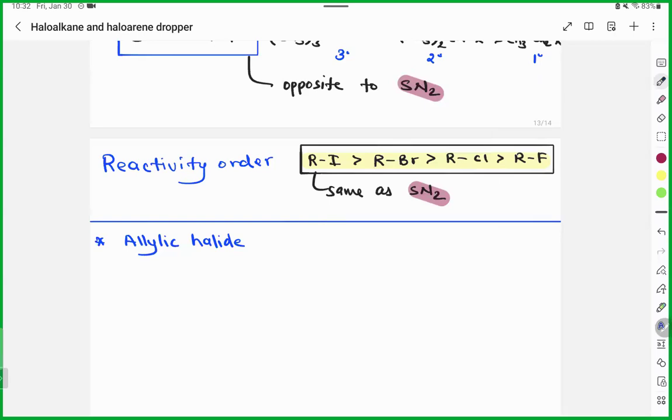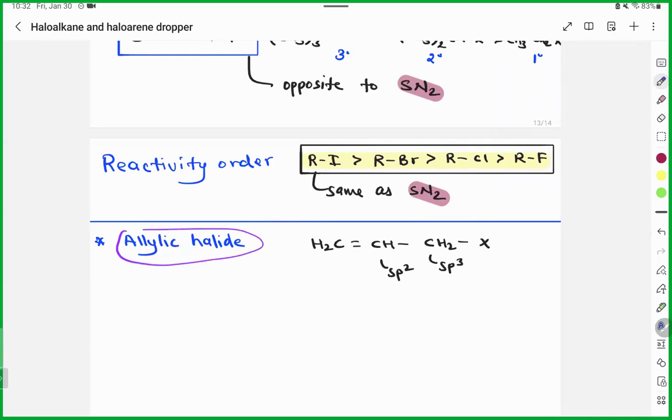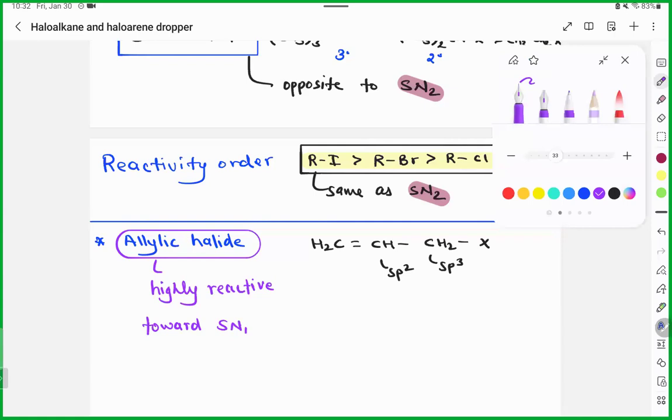If you take the example CH2=CH-CH2-halogen, this carbon is sp3 and after that you have sp2. This is allyl. Correct? This allyl halide will be highly reactive for SN1. Why? Because of the resonance, it is highly stable.